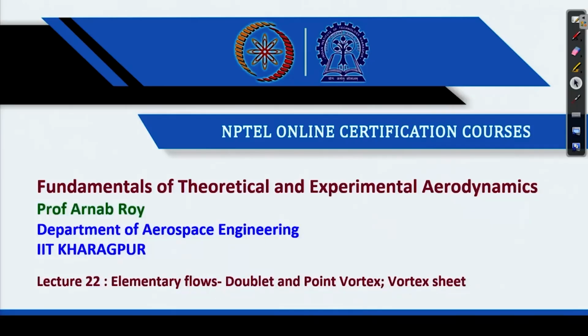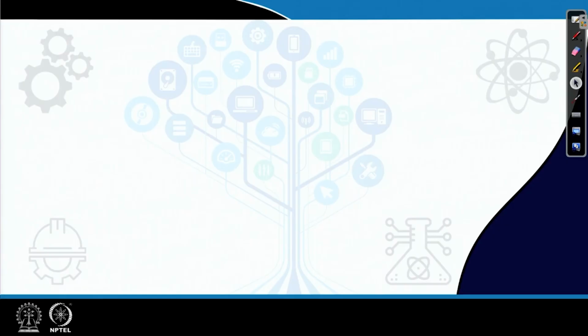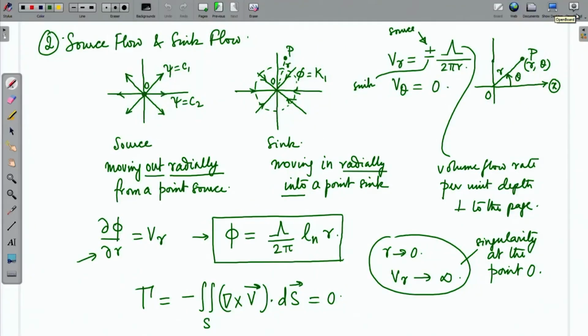In this discussion, we continue to discuss two more elementary flows, namely doublet and point vortex, and we will also discuss the concept of a vortex sheet. In the previous lecture, we had discussed the second elementary flow, that is a source flow or a sink flow, and we discussed the details of the same.